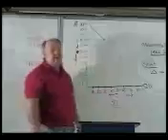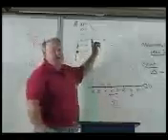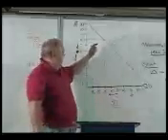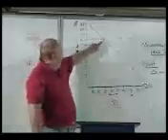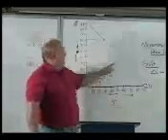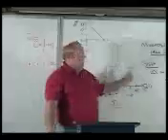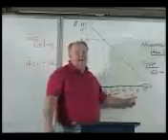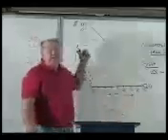We end up with a surplus of 50 here. The demanders only want 30, but at that high price, the suppliers say, hey, I'll make 80. And so we end up with a surplus when we do this.